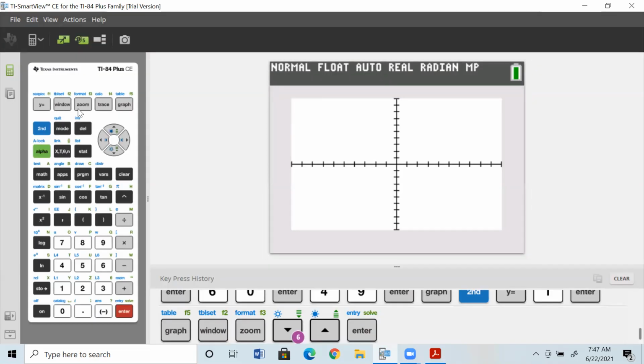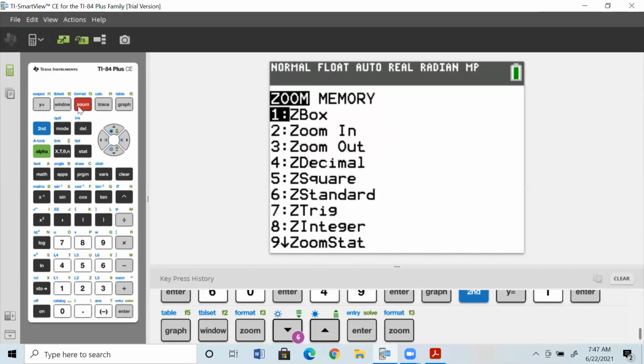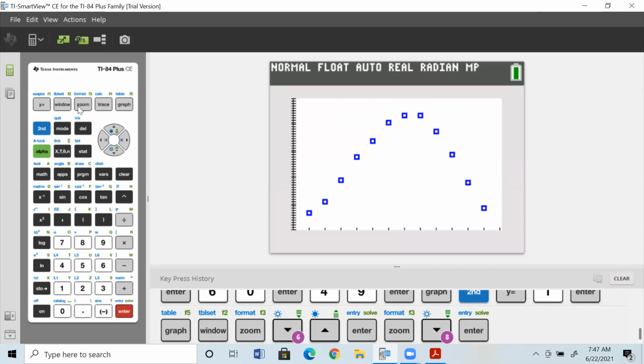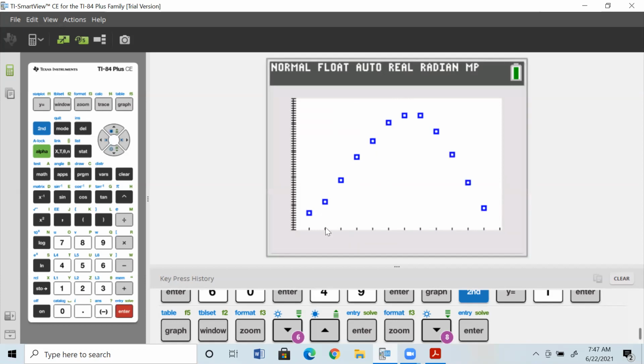So on the calculator, one option is you can press zoom and go down to option 9 for stat. Once you do this, your graphing calculator will automatically fit your window based on the data that you entered into the scatter plot or the stat edit feature.